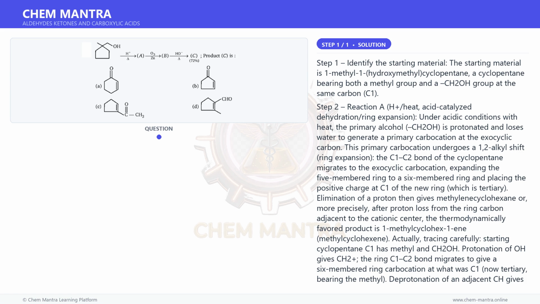The ring formed has 5 members. The enolate carbon attacks the aldehyde carbon to close a 5-membered ring. The product after aldol and dehydration is 1-(cyclopent-1-en-1-yl)ethan-1-one, a cyclopentene ring bearing an acetyl, COCH3, substituent on the double bond, which corresponds to option C.